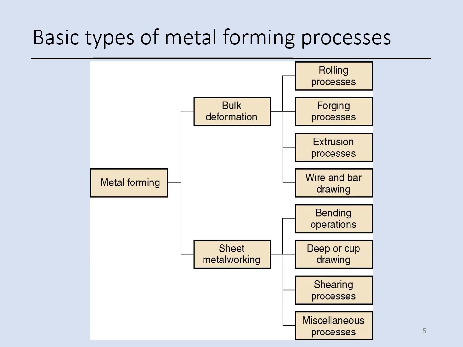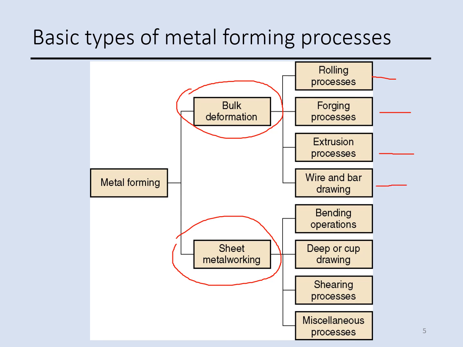In metal forming processes, we have two categories. One is bulk deformation, and one is sheet metal working. Under bulk deformation, we have four processes: rolling, forging, extrusion, and wire and bar drawing.